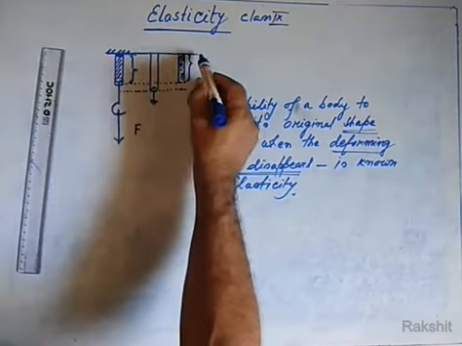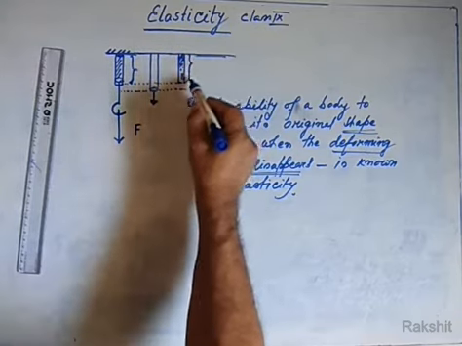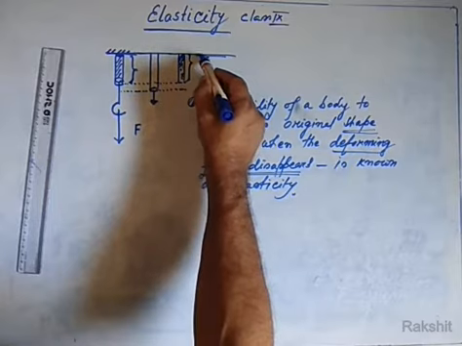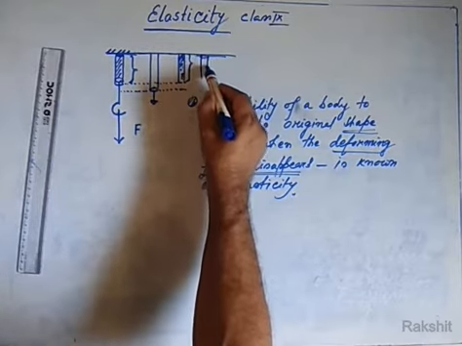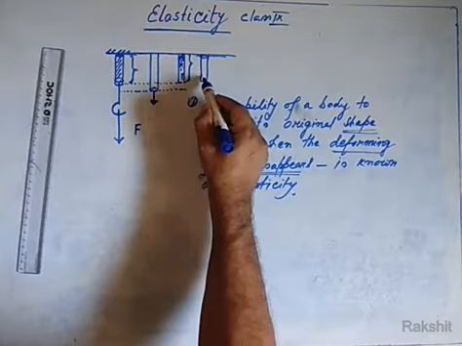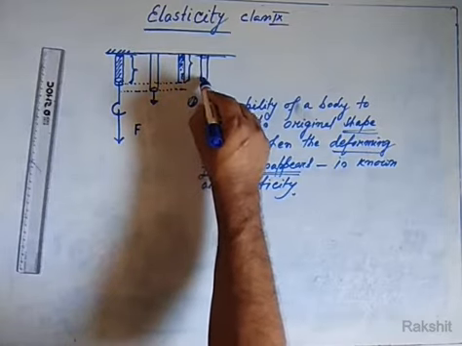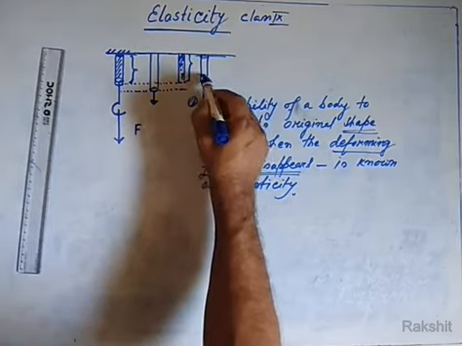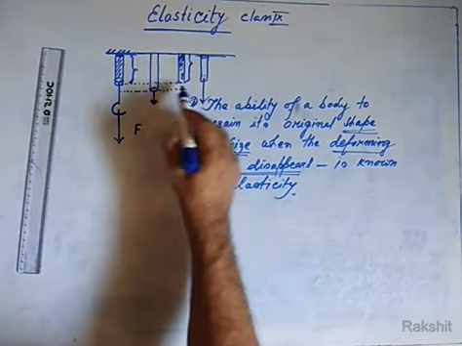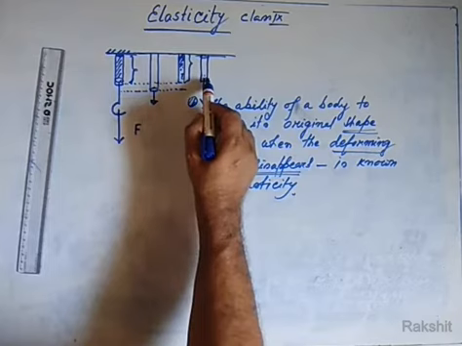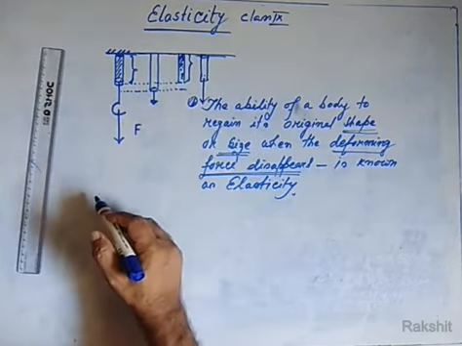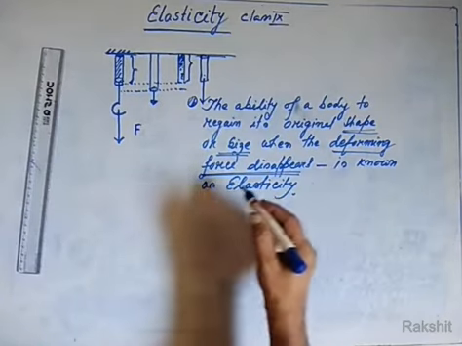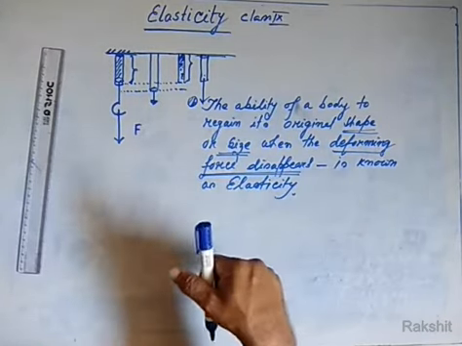If we take another material, suppose an iron rod, and the rod is under action of an elongating force, the rod will be elongated, but the elongation will be comparatively small. So the elongation or change in shape and size is different for different bodies.